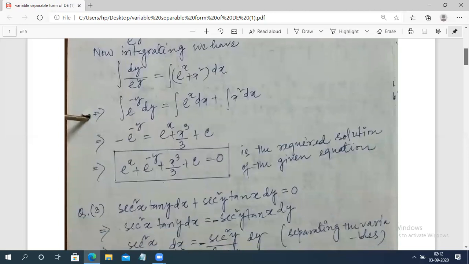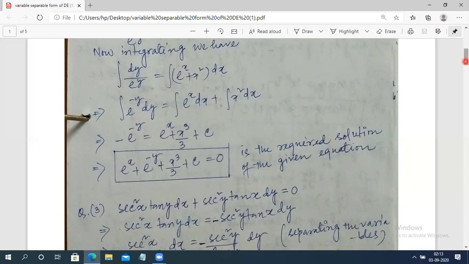So no need to write the constant of integration after integrating each function. Just put the constant of integration on either side of the equality sign. Okay, so when we write this negative of e to the power minus y on the right hand side, we get the solution, and this is the required solution of the given differential equation.